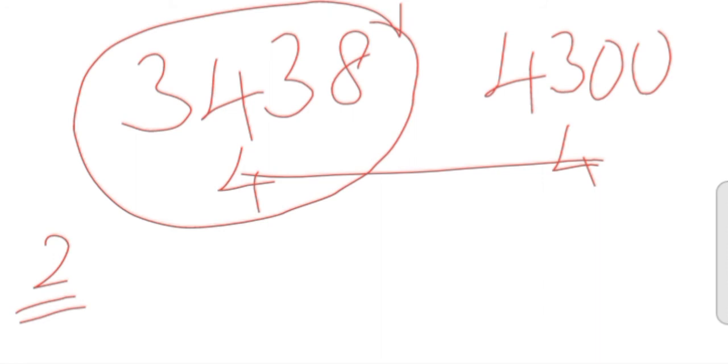Take the biggest place value, the first number from the left side. So this is the thousands place and this is also the thousands place, isn't it? Now you can compare these two numbers. This is 3000, this is 4000. So now you can conclude which is the biggest number.